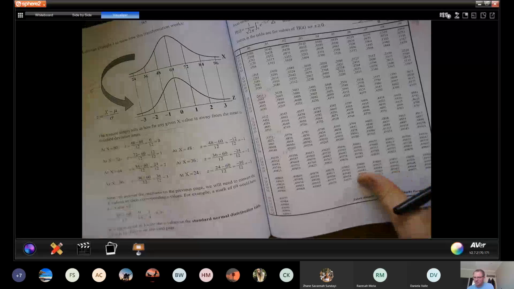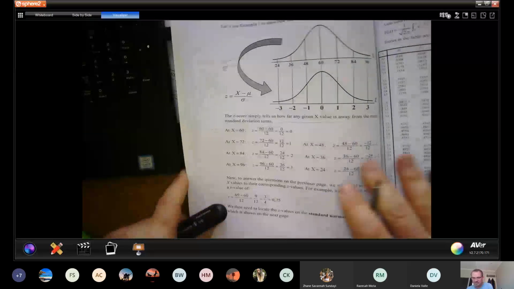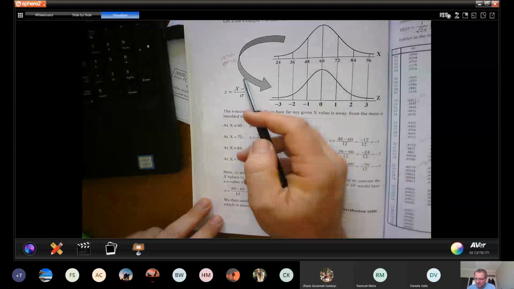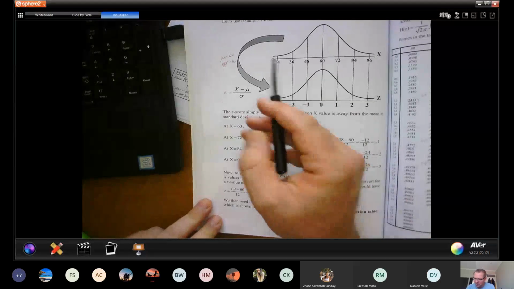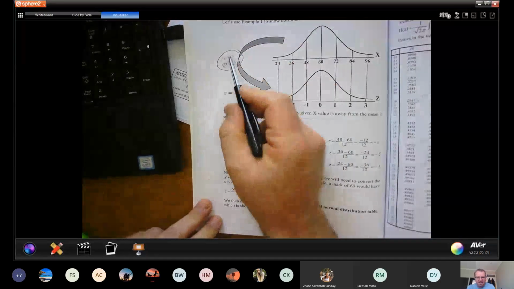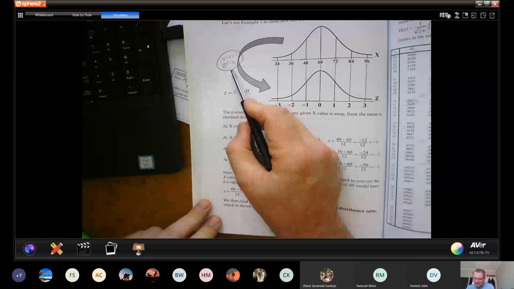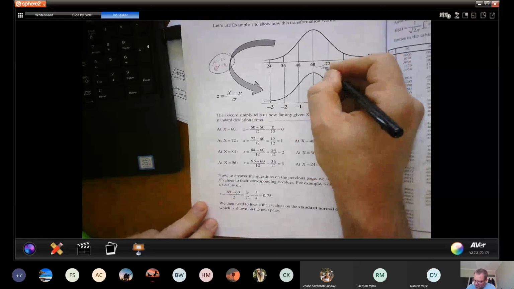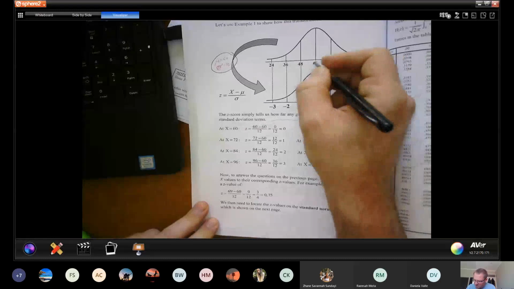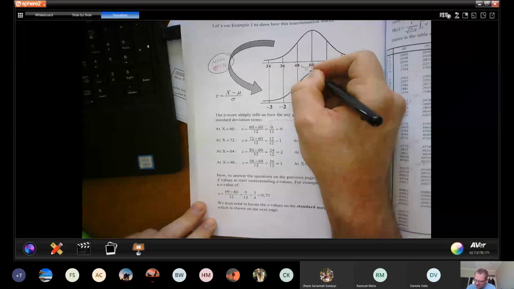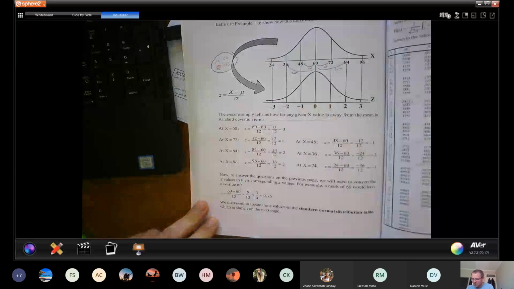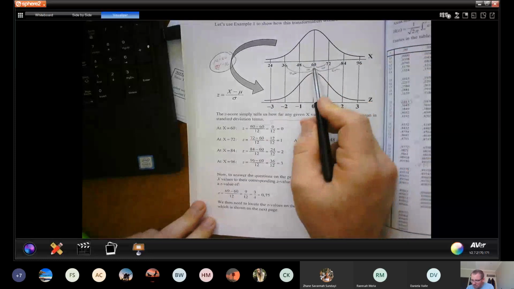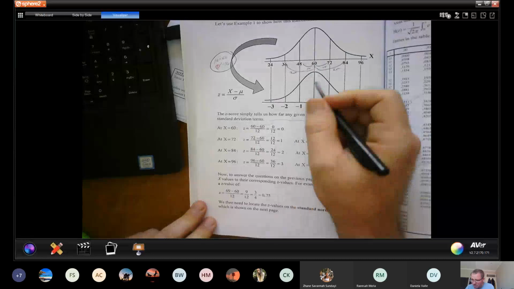Let's just try. What they're saying in this diagram, which is really important, is that we took this example with a mean of 60 and a standard deviation of 12. This is one standard deviation, that's two standard deviations, one to the left, two to the right. These are your X scores.